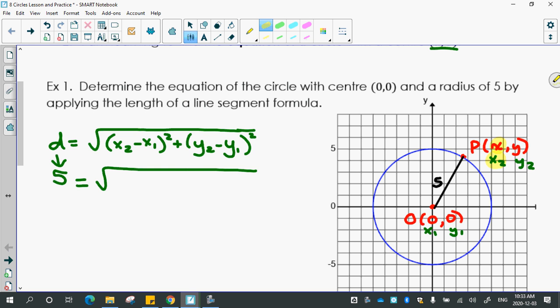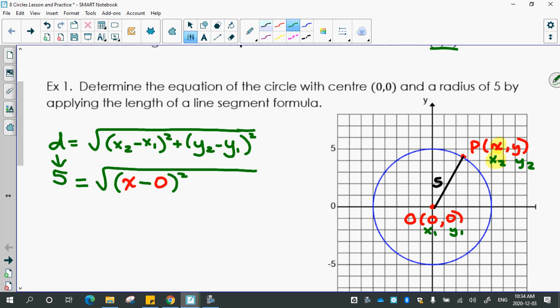You see that? We labeled x2 to be our x. So I'm going to put a bracket here, and then I'm going to replace x2 with just x. Then there's a minus sign in the formula. And what was x1? 0. And that's in the formula still being squared.